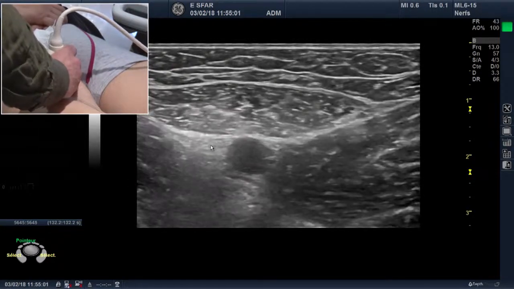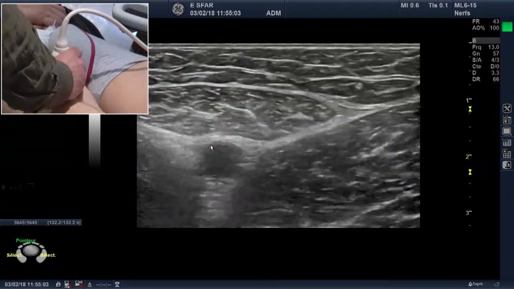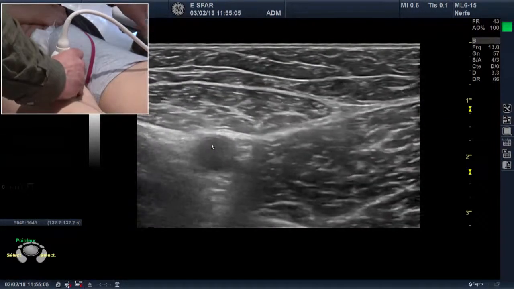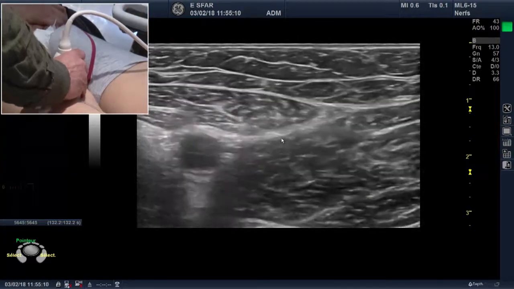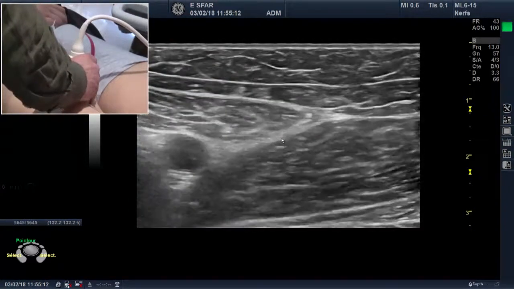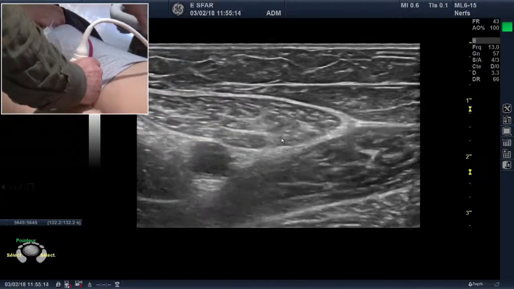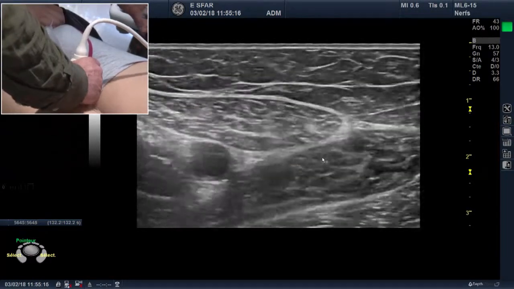Now, should you move downside your probe, you see that the sartorius that is here will overlap progressively the adductor longus.